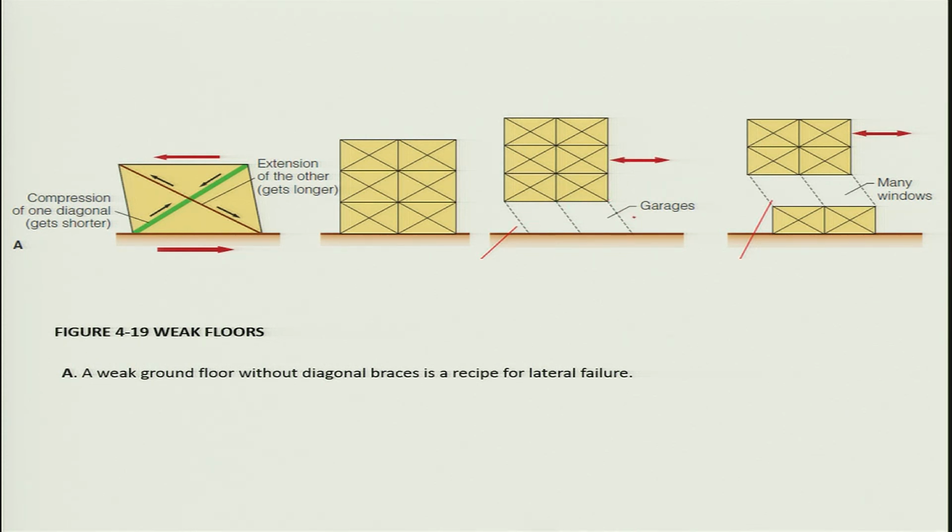But if you are having this type of building, in most of the cities we see that the ground floor has been used for garages, and that will result in the collapse of this portion.